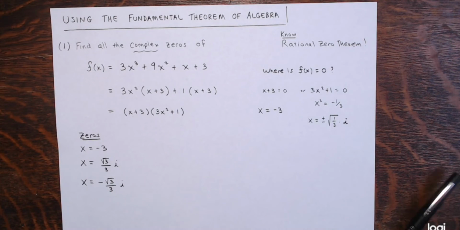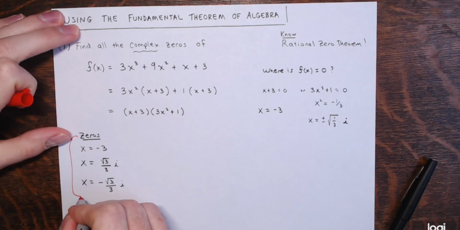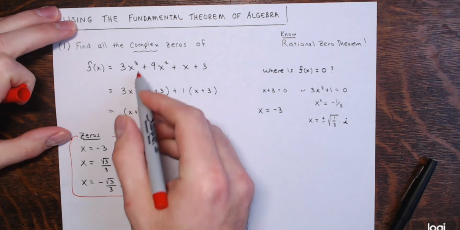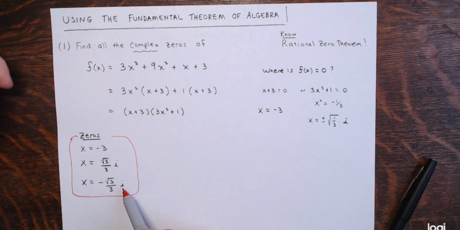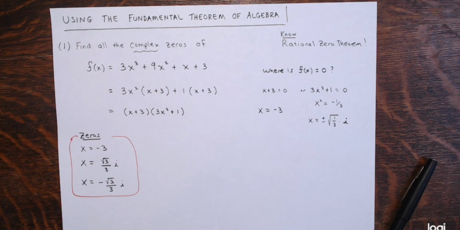Now you can check them by plugging them in. And remember that i cubed would be negative i, and i squared would be negative 1. Remember how to simplify powers of i. So yeah, if you were to plug any of these in, the output should be 0.